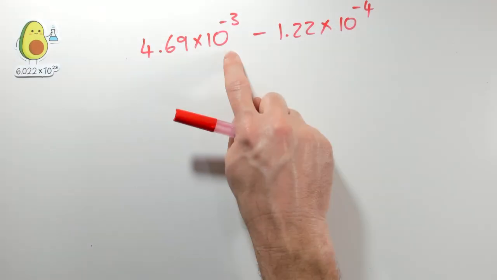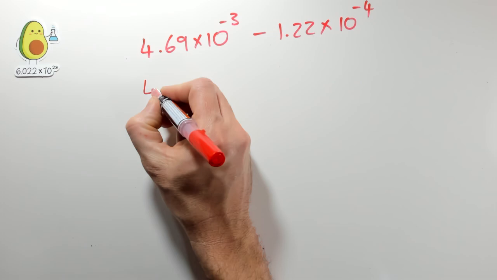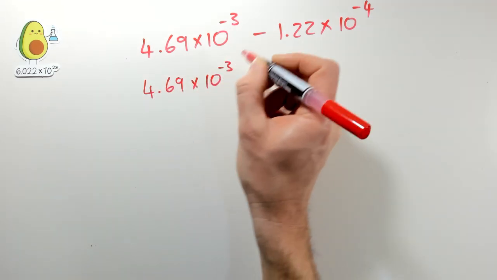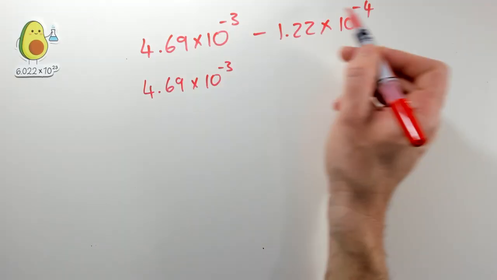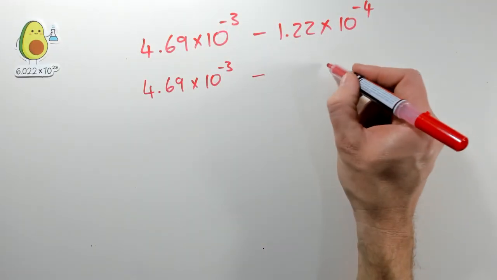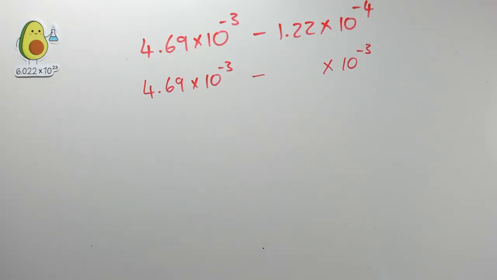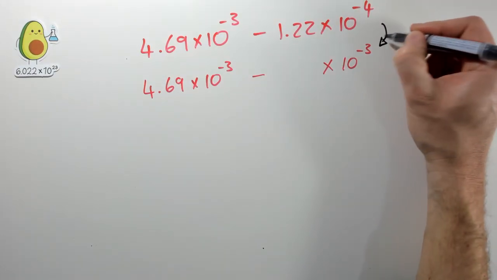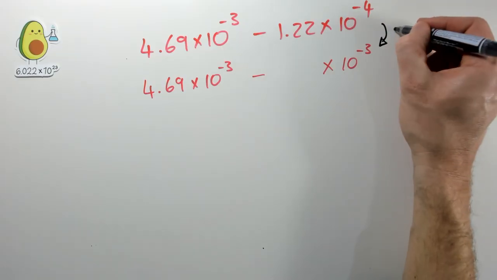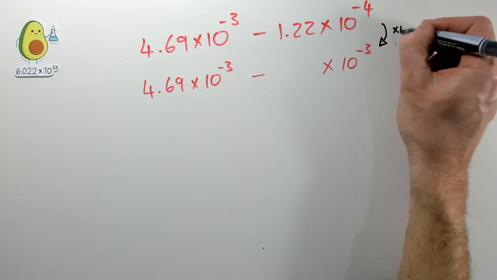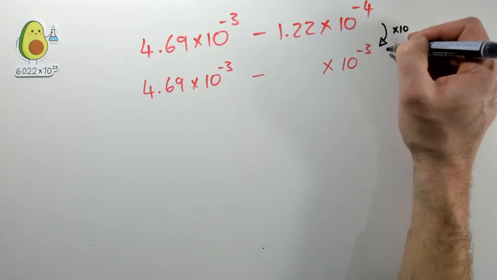So I'm going to keep this one the same at 4.69 times 10 to the power of negative 3, because negative 3 is a bigger number than negative 4. And then this part I want to change into negative 3. And in order to get to that negative 3, what did I do here? I multiplied by 10 to get here.